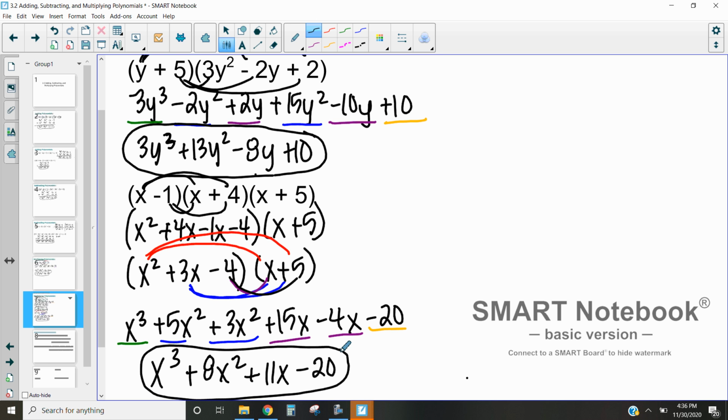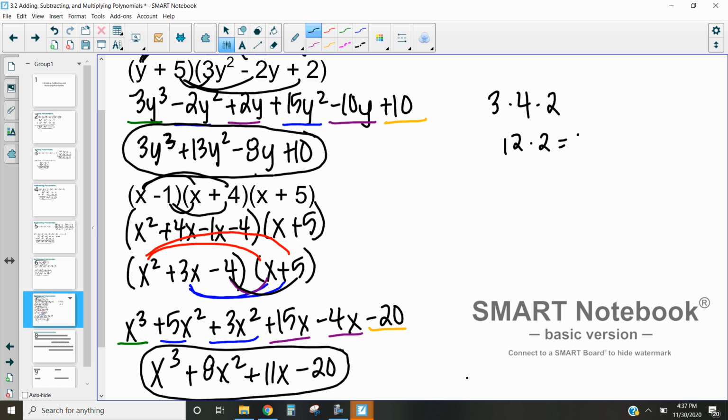So again, if I see 3 binomials being multiplied together, or 3 of any polynomial multiplied together, let alone just binomials, we have to multiply out 2 of the polynomials and then multiply that times the third one. Think about when you do 3 times 4 times 2. It doesn't matter if you do 3 times 4 or 3 times 2 first, but we do have to multiply out 2 of those before we can combine it with the third one.